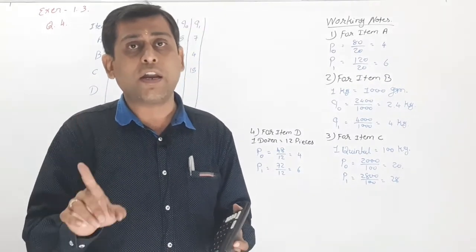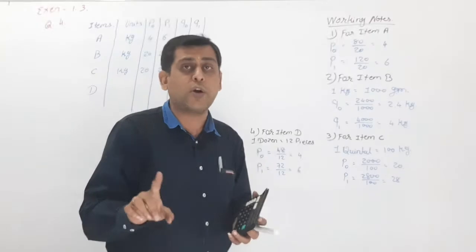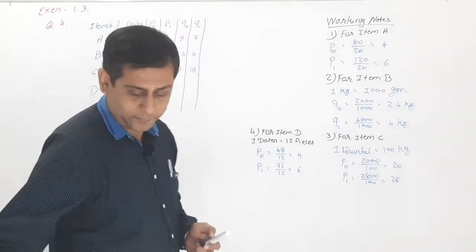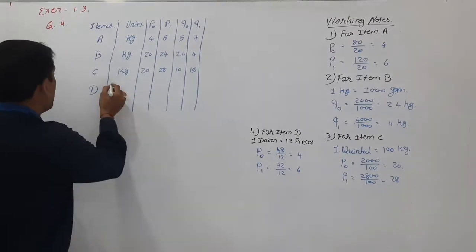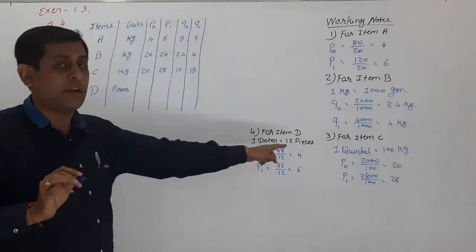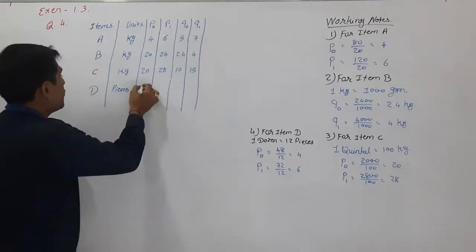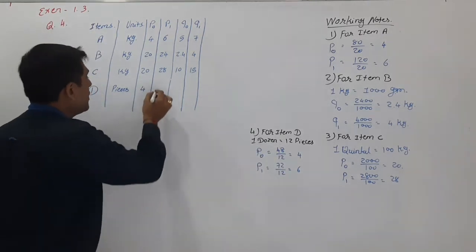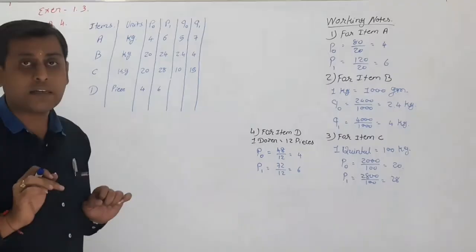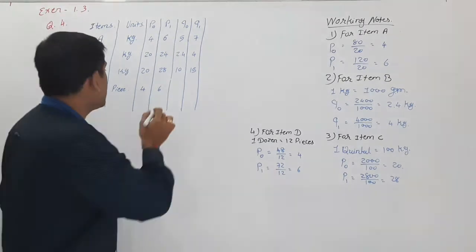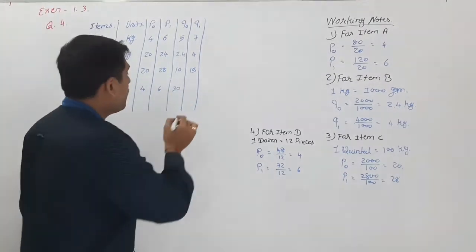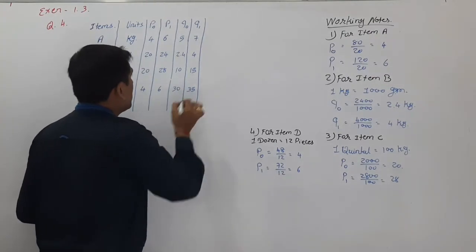That's why we cannot convert the quantity, we have to convert the price here. So we write pieces, because we are converting dozen into piece. The price for 1 piece is 4 and the price for 1 piece is 6. Now 30 pieces is the quantity and 35 pieces is the current year quantity.